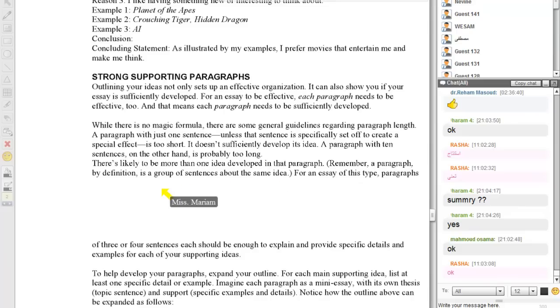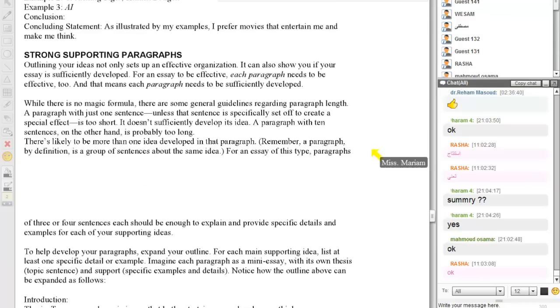Okay, before we continue, let's make something clear. A paragraph should be organized, and your ideas should be developed in a logical approach.